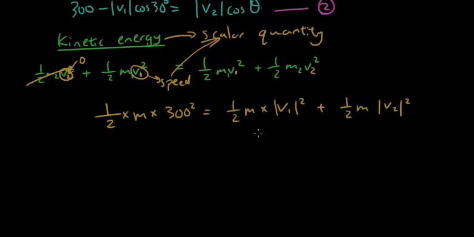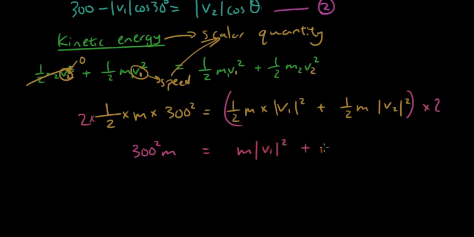Alright, so beforehand, the kinetic energy is half times m times 300 squared. And afterwards we have half times m1, which is just m, times v1 squared, plus half times m times v2 squared. Right, we don't have to do the cosine or sine anymore. We just want the magnitude of each of these speeds. Okay, so if we continue with this, notice how every term has a half. So if I multiply the whole thing by 2, I can get rid of all the halves, so it's just 300 squared m equals m times v1 squared plus m times v2 squared.